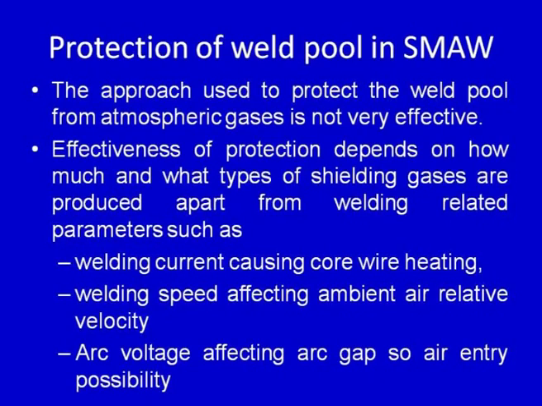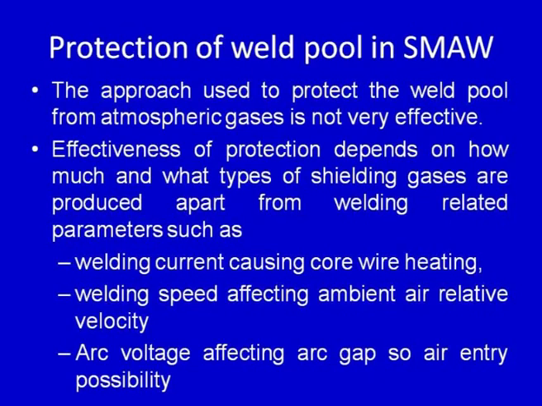First of all, we will talk about the way protection is provided to the weld pool by the SMAW process during welding. The approach used to protect the weld pool in the SMAW process is not very effective, because a very high percentage of oxygen and nitrogen is found in the weld metal when the weld joint is developed by shielded metal arc welding.